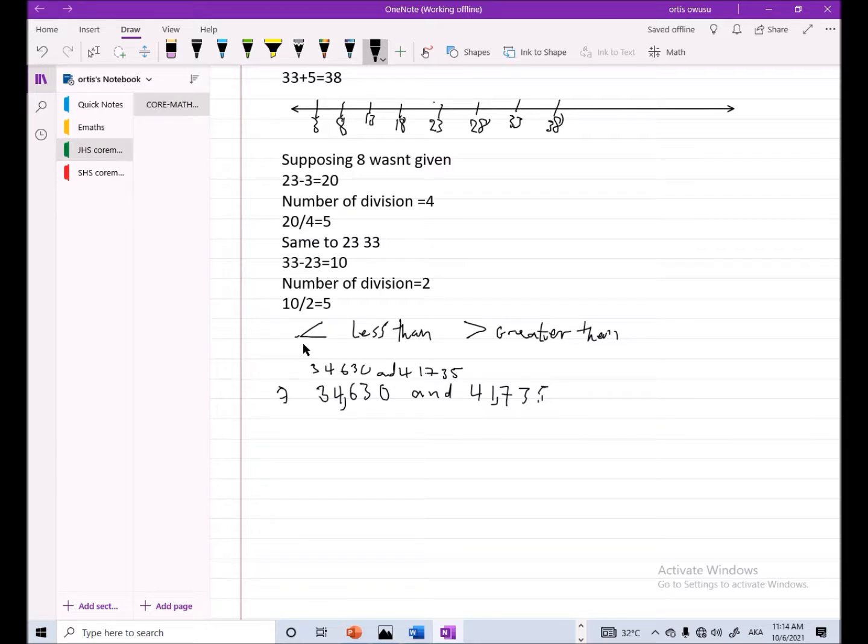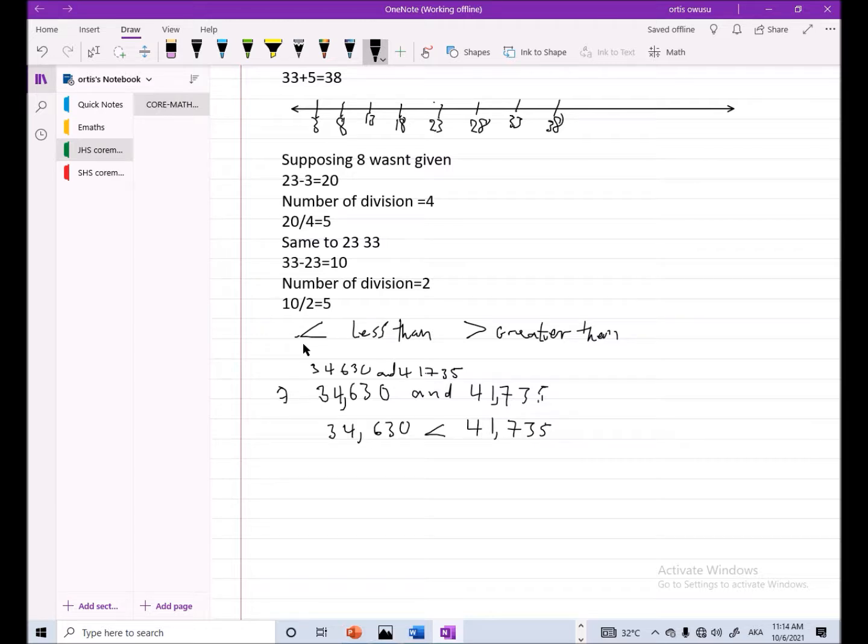If the one is greater, you bring this. If the one is less, you bring this. All right, so we can say that 34,630 is less than 41,735. I hope it's clear. Or we can say this is greater.